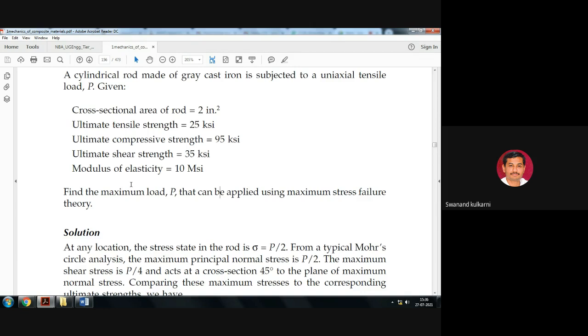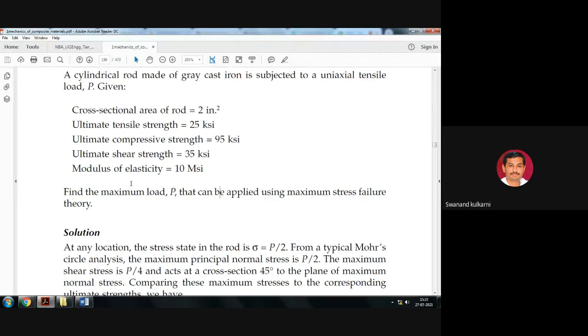ultimate tensile strength, ultimate compressive strength, ultimate shear strength, all strengths are different. If we refer to the ultimate tensile strength, then that is 25. If we refer to the ultimate compressive strength, then that is 95. And if we use ultimate shear strength, then that is 35. So the ultimate tensile strength is 25, which is lesser than ultimate compressive strength.